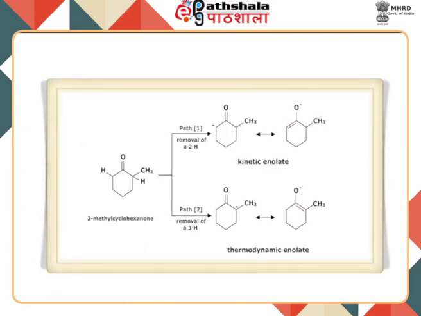Another example is the methylation of 2-methyl cyclohexanone with one equivalent of methyl iodide. It forms both 2,6-dimethyl cyclohexanone and 2,2-dimethyl cyclohexanone. The relative amounts of the two products depend upon the reaction conditions.